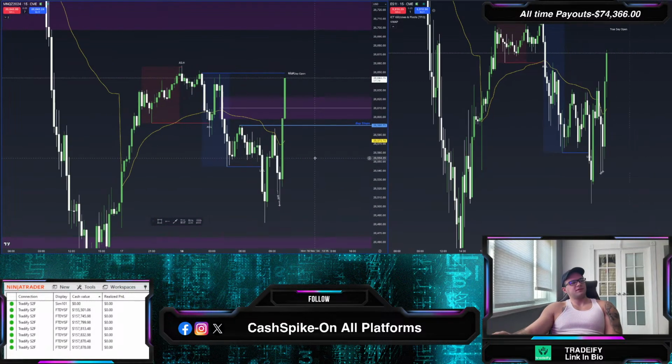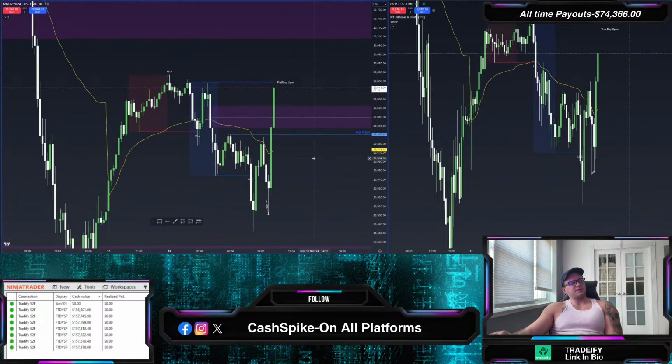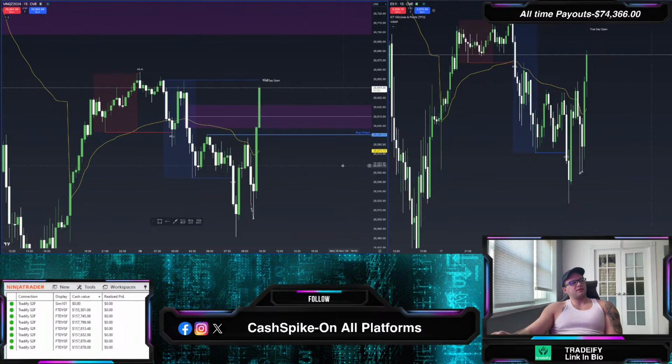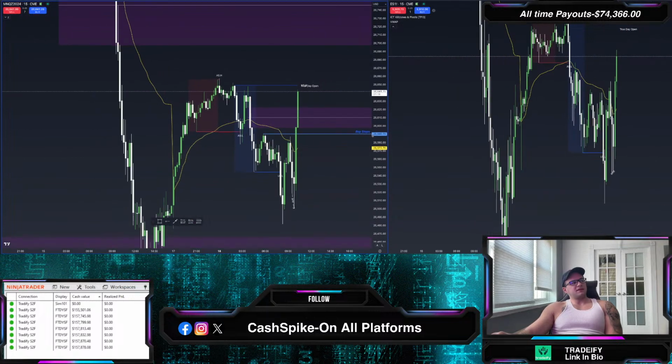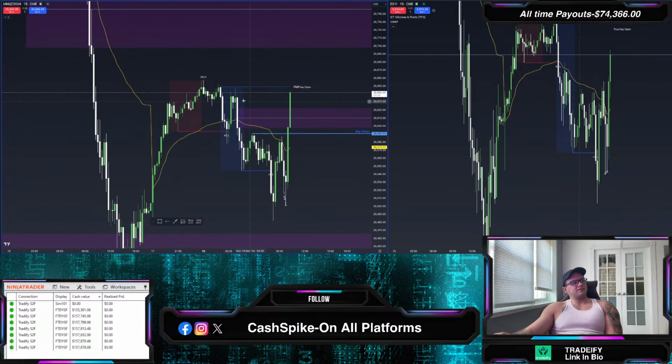So a pullback's coming to some degree. We're gonna see what happens after this liquidity has been taken. There's a 15-minute fair value gap as well with the liquidity.